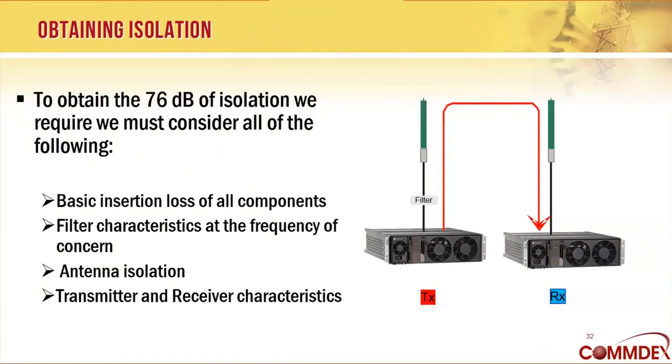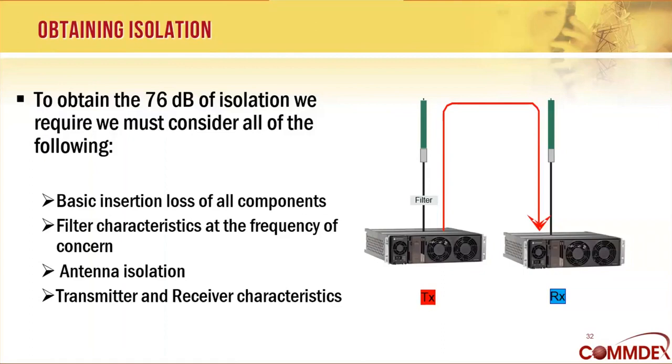Isolation. Remember, we wanted to get 76 dB of isolation. So we can consider a couple of different ways to get there. Just the fact that there's insertion loss of components, well, that insertion loss will by itself knock down the transmitter noise curve. But again, that's not the total solution.